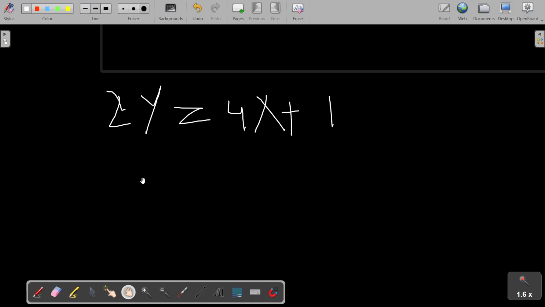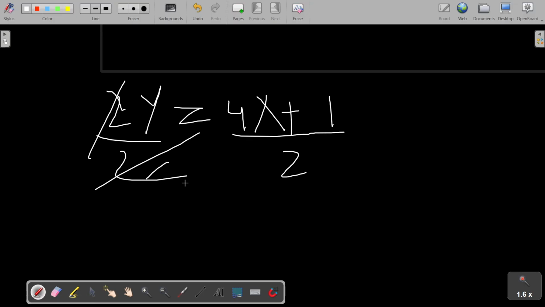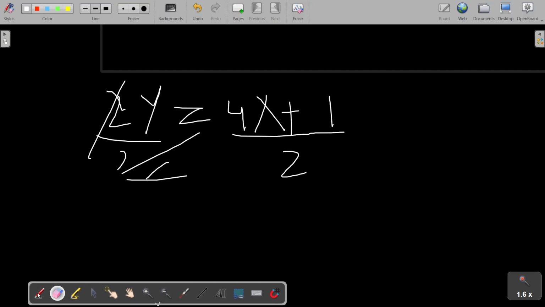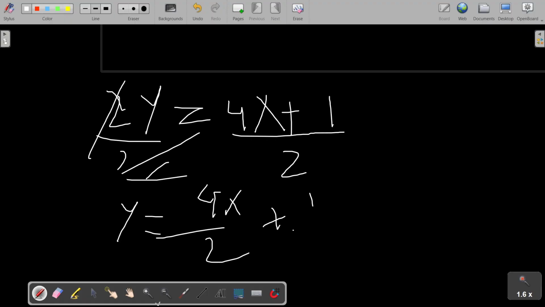So what can we do? We solve for y. We divide both sides of this equation by 2. These 2's will get cancelled, and we get y is equal to 4x divided by 2 plus 1 divided by 2.